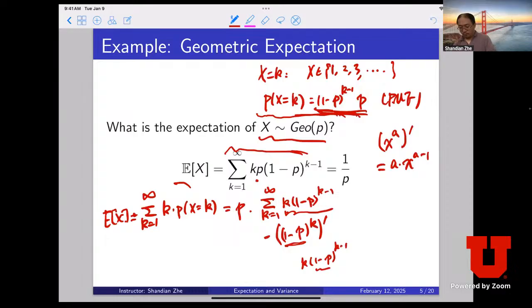So if you put a minus 1 in front, the two negatives become positive, and you recover this expression.